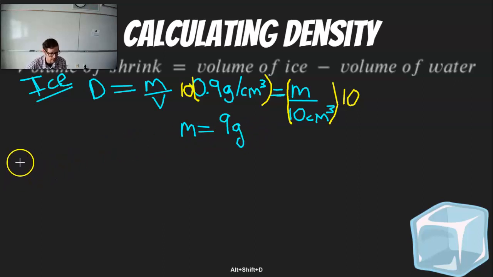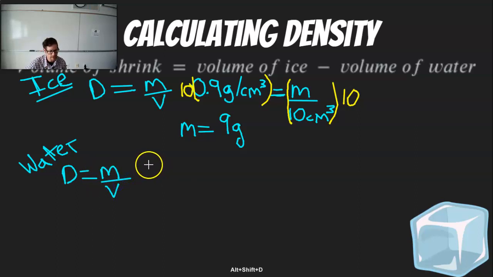Now let's talk about the water. So the liquid water has a density. So again, I'm just writing out the formula. Density is mass divided by volume. And the density is 1.0 grams per milliliter.